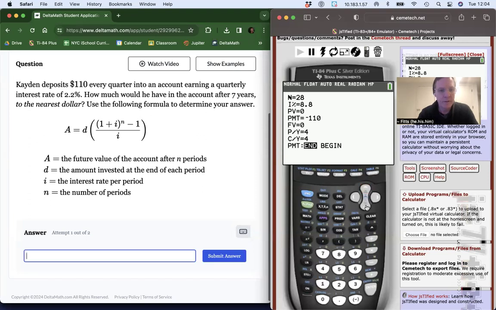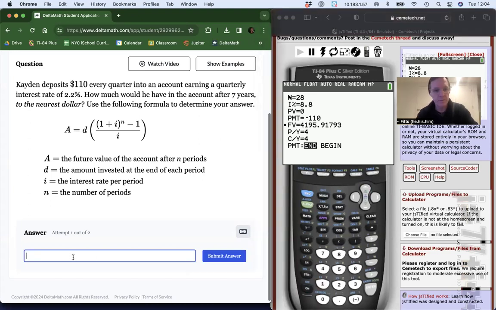Once I have all of that, I go to future value because that's what I'm solving for, and it's alpha, enter. So he's going to have $4,195.92. Oh, to the nearest dollar, so 4,196. Typed it in: 4196.